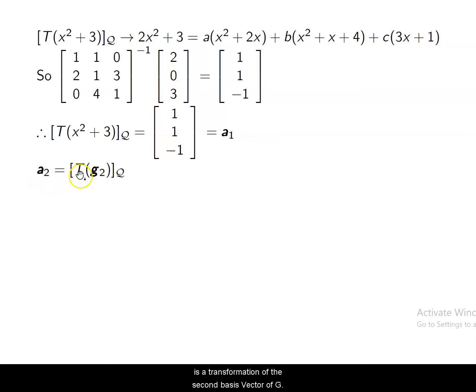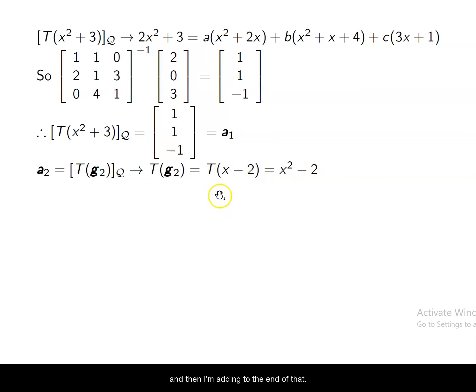So A2 is a transformation of the second basis vector of G, written as a coordinate vector in terms of Q, right? In representation of Q. So I transform the second one, which is x minus 2. Under that transformation, I get x squared minus 2. So remember, I'm taking this derivative, I'm multiplying it times x, and then I'm adding to the end of that this evaluated at 0, right?